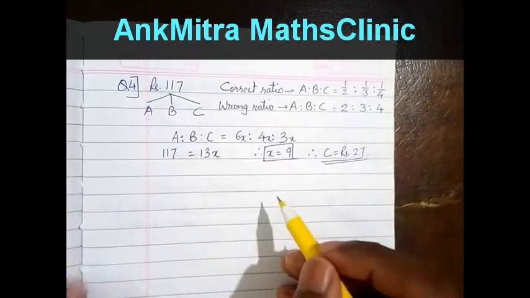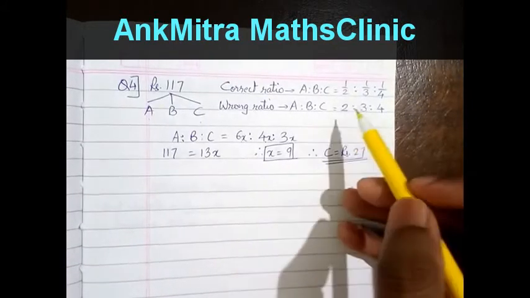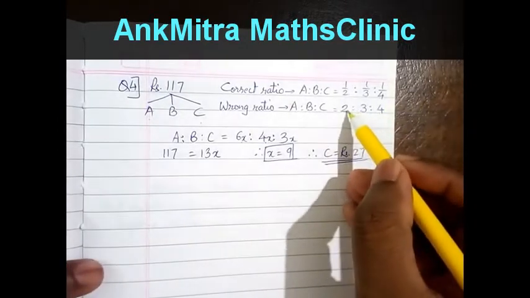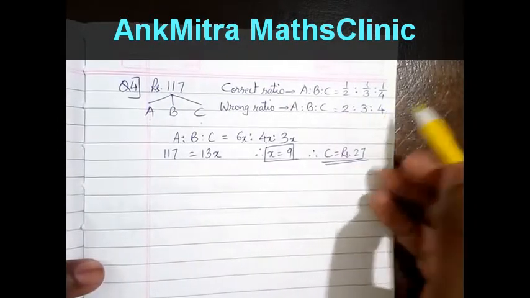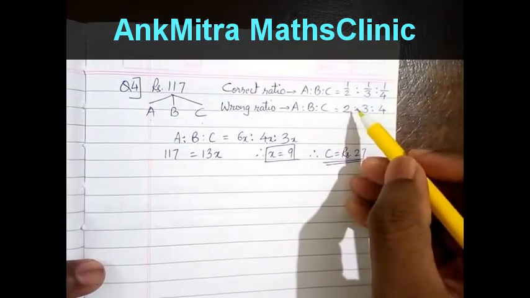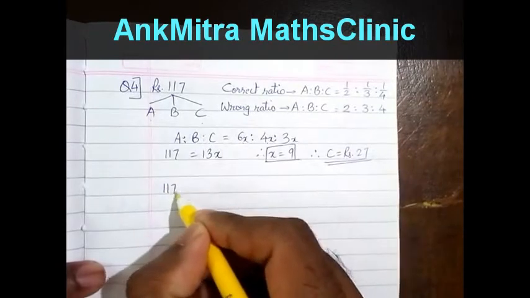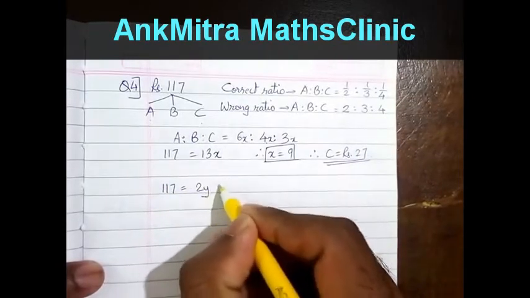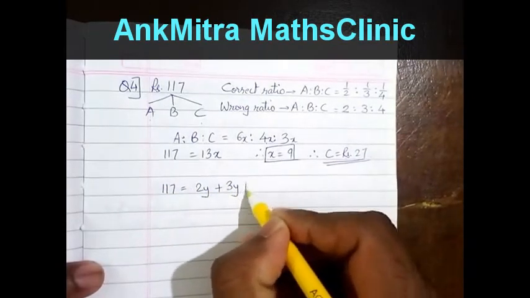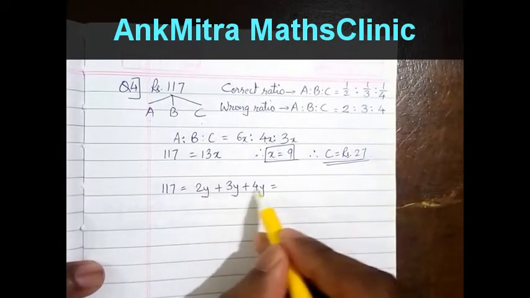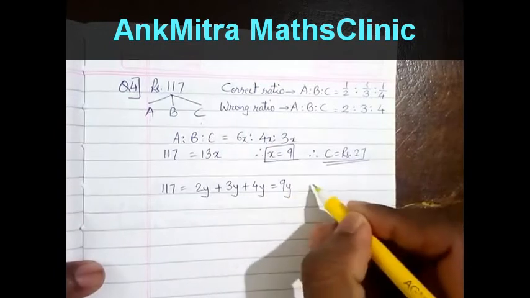Now we'll find by how much he gained by calculating the incorrect value that he got. So in the second case, the ratio is 2:3:4. Applying again a common multiplier y, we write 117 is equal to 2y plus 3y plus 4y, which is equal to 9y.